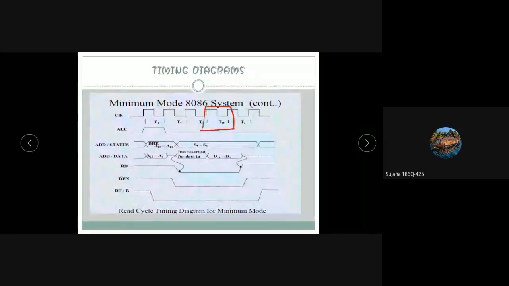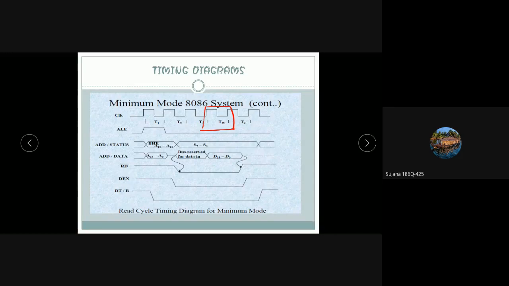So fetching of data, reading of data, and writing of data is the main thing done by the microprocessor. Based on these 3, we would need three timing diagrams: for fetching, how the operation is carried out; for reading, how it is carried out; and for writing, how it is carried out.